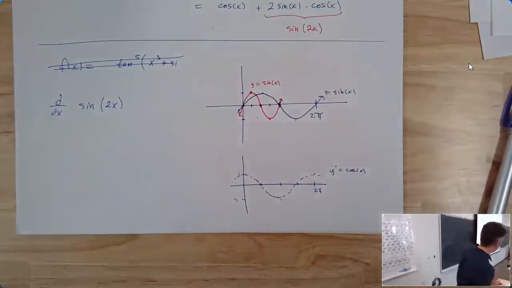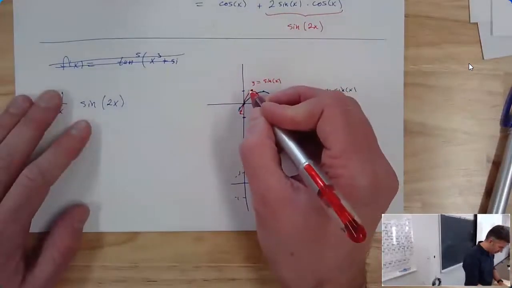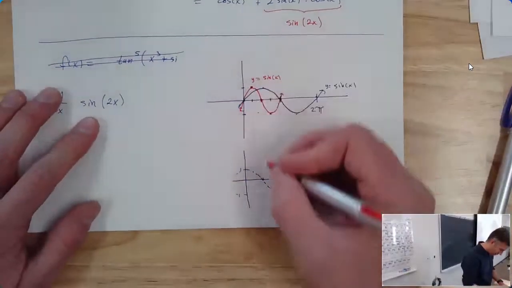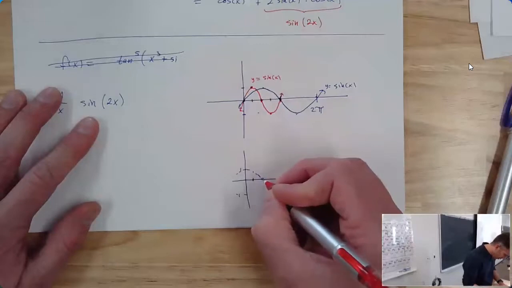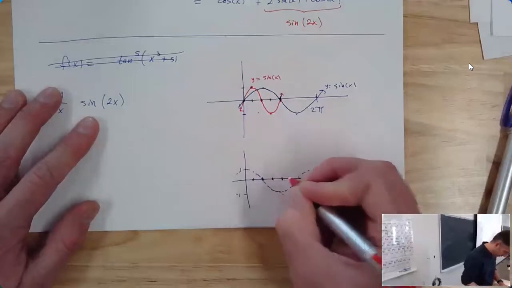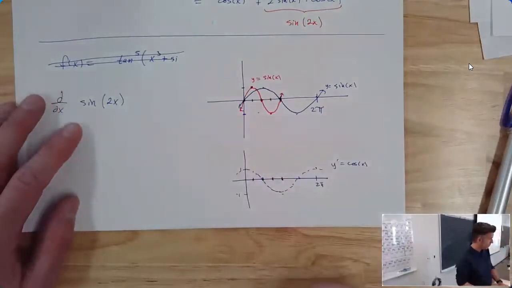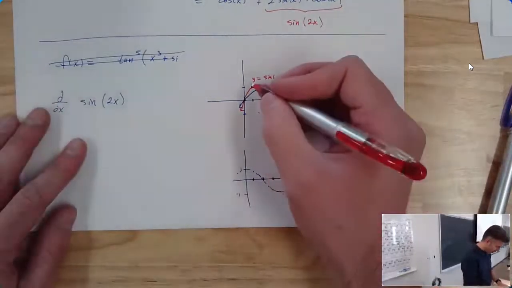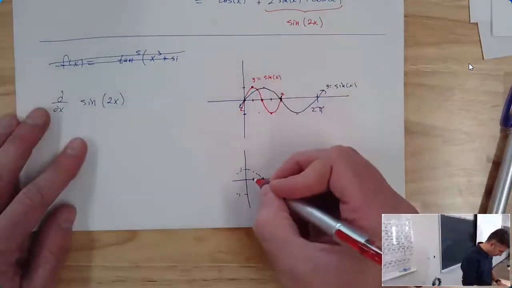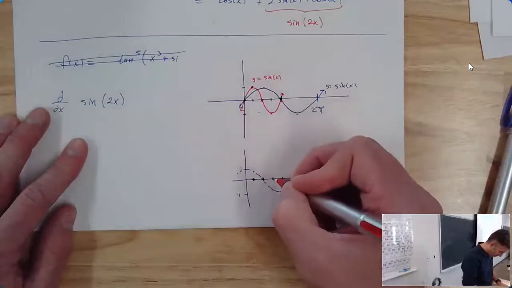It's way steeper. Now, I'll point out, still here at the top, the slope of the tangent line is 0. So if we break this up into 4 quarters of the period, we're definitely going to get a 0 there and a 0 there.